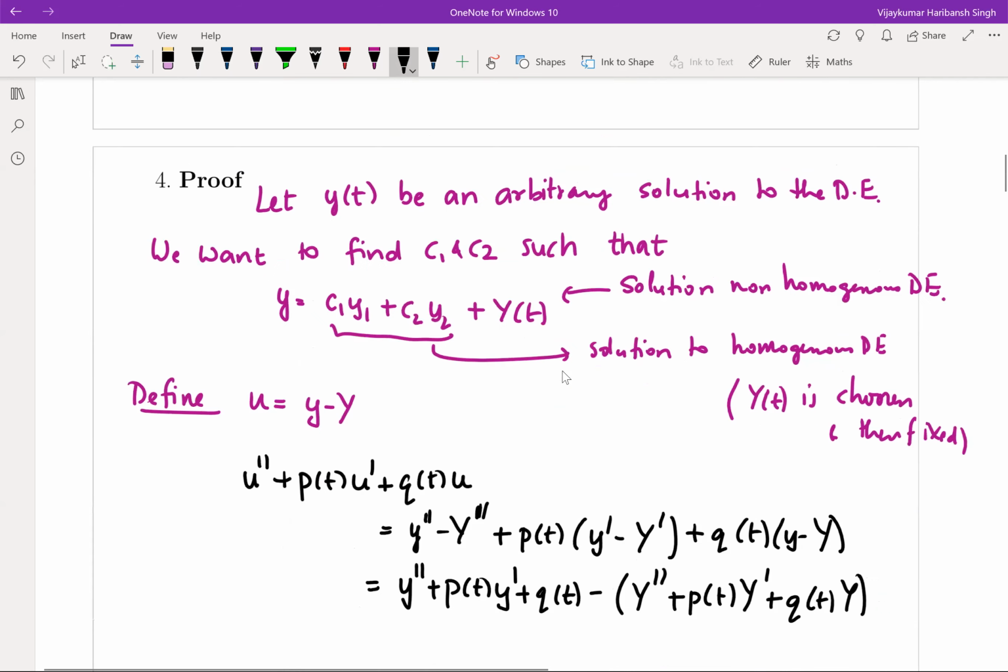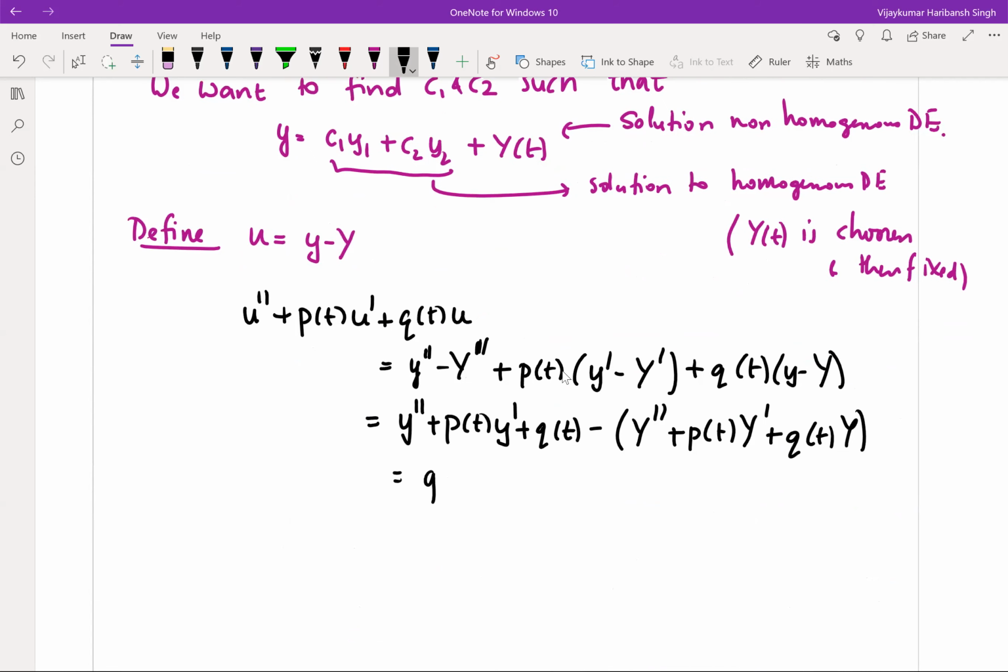So what do we get? This is equal to g - g, which is 0.